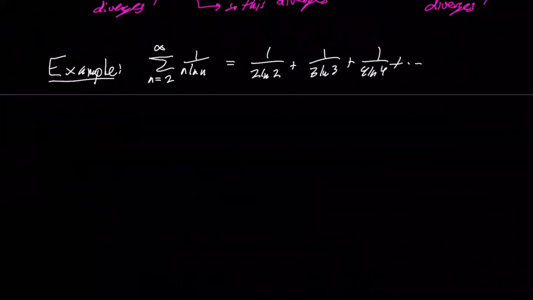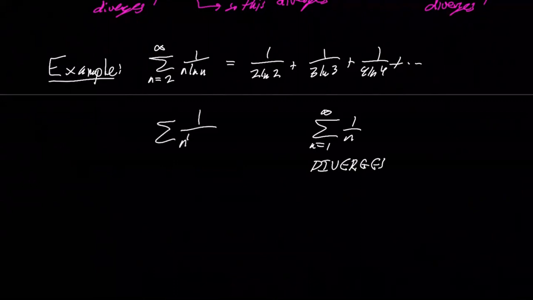One reason I like this example is that it actually fits in between these two tipping points. We know that this series, the harmonic series, diverges, right? This diverges. But as soon as we make the exponent bigger than 1, which is kind of crazy, we know this series, actually I'll start these all at 2 just so they agree, converges because it's the p-test with the exponent bigger than 1.